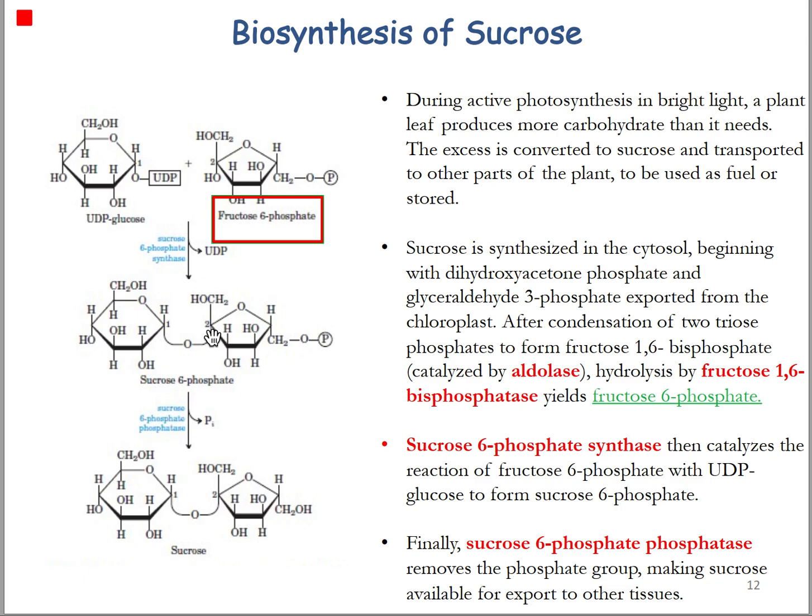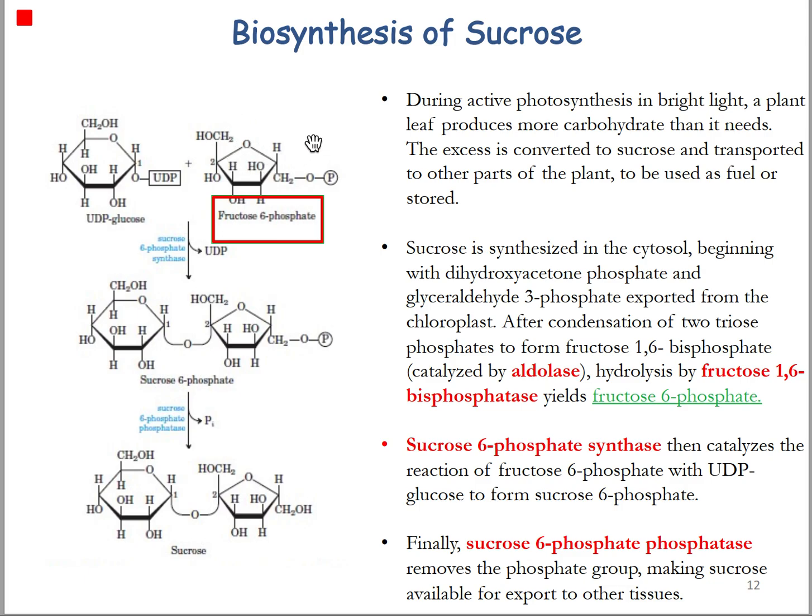Sucrose is synthesized in the cytosol, beginning with dihydroxyacetone phosphate and glyceraldehyde 3-phosphate exported from the chloroplast. After condensation of 2 triose phosphates to form fructose 1,6-bisphosphate, catalyzed by the aldolase enzyme, hydrolysis of fructose 1,6-bisphosphate produces fructose 6-phosphate. So glyceraldehyde 3-phosphate and dihydroxyacetone phosphate condense to form fructose 1,6-bisphosphate.